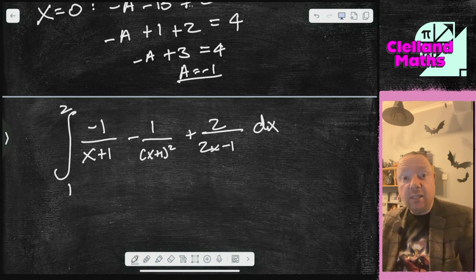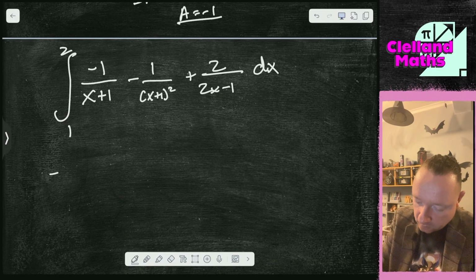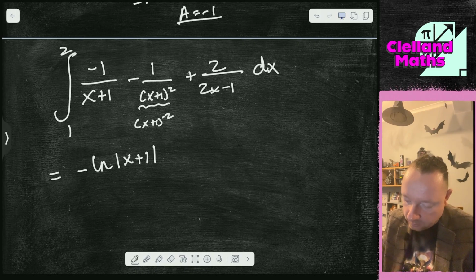We need to integrate these separately. Just watch it for that middle one. It's not a log, it's just a squared, so we're going to use the chain rule. So that becomes minus 1 log of x plus 1. This term here is (x plus 1) to the minus 2. So we add 1 to the power, which gives minus 1.